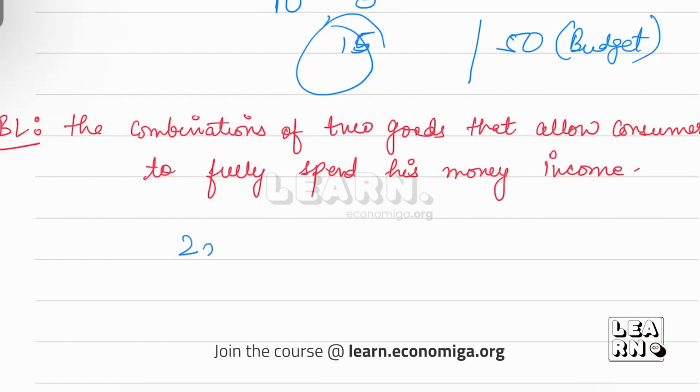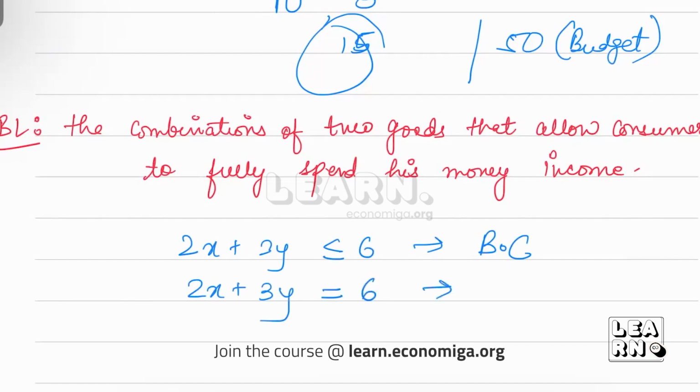So we assumed 2x plus 3y less than or equal to 6 was your budget constraint, wherein all the combinations with money income less than 6 were the ones the consumer was able to afford. But for now, I'm saying that 2x plus 3y is exactly equal to 6.